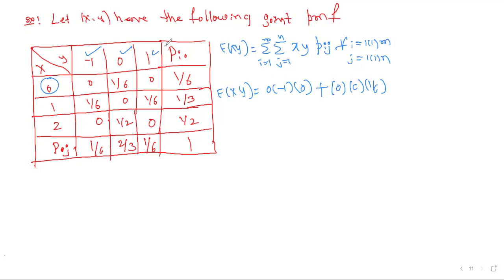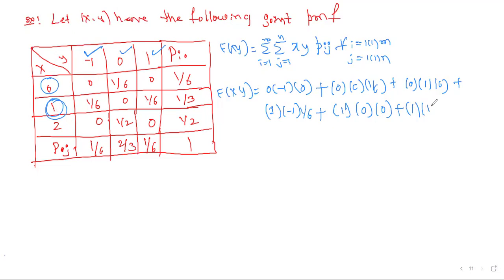0 is fixed, now take 1: plus 0 into 1, 0, plus now 1 into minus 1, right? So 1 into minus 1 with probability 1 by 6, plus 1 fixed with 0, that is 1 into 0, 0, plus 1 is fixed with 1, that is 1 into 1, 1 by 6.